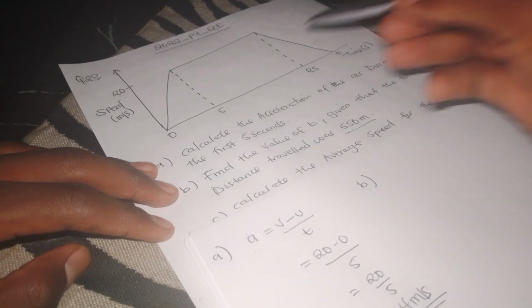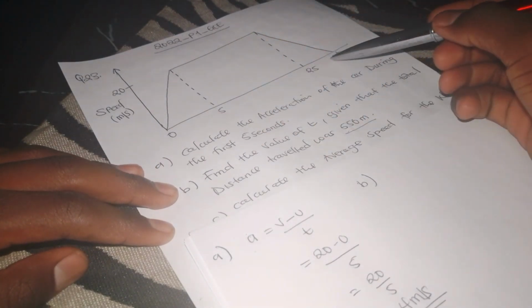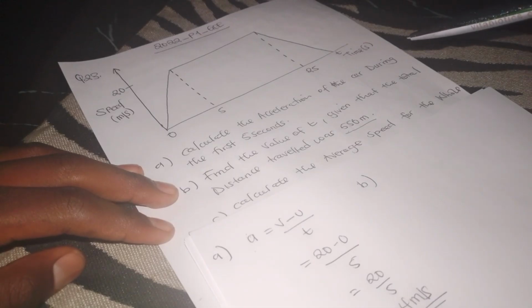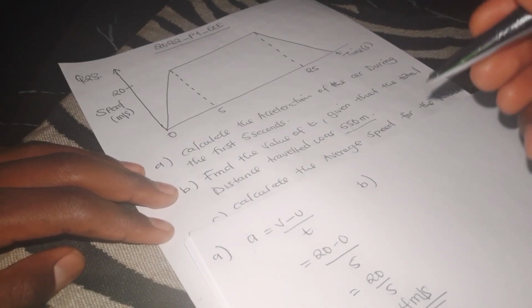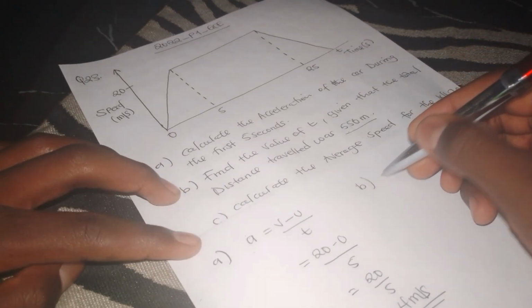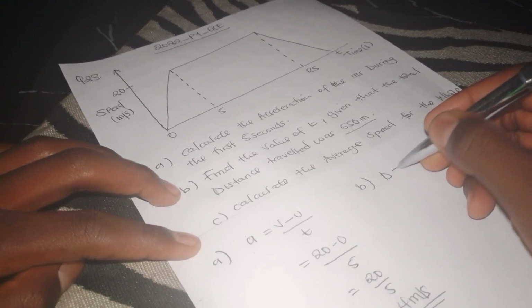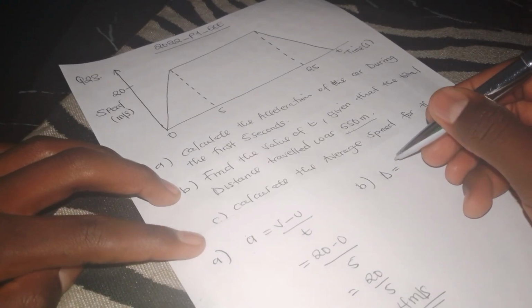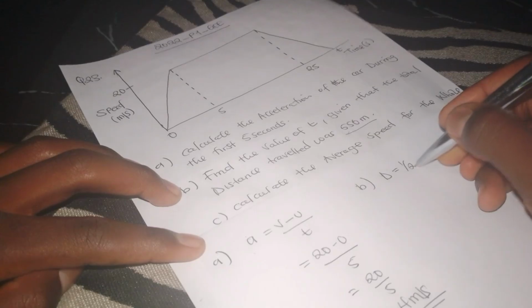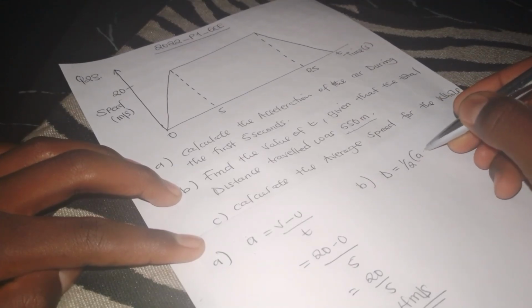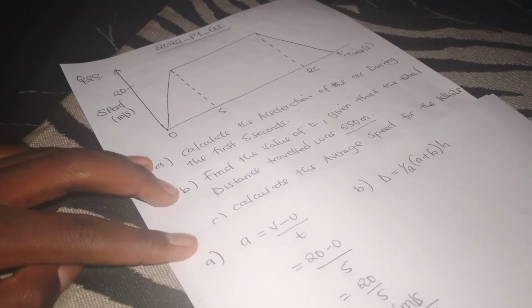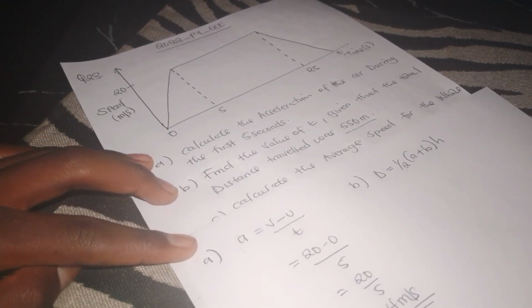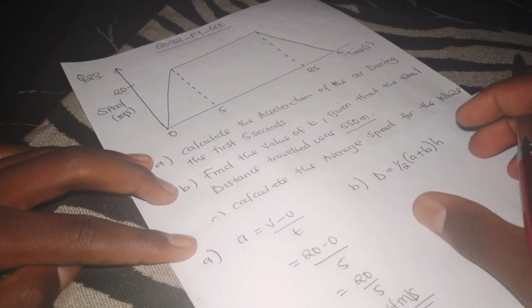As you can see, the whole shape here is the trapezium. So to find the value of t, we're going to use the formula for area. When it comes to trapezium, you say distance is equal to half a plus b times height. Yeah, so this is how we calculate the distance for trapezium.